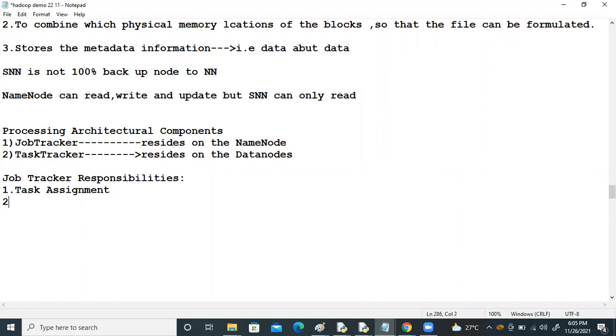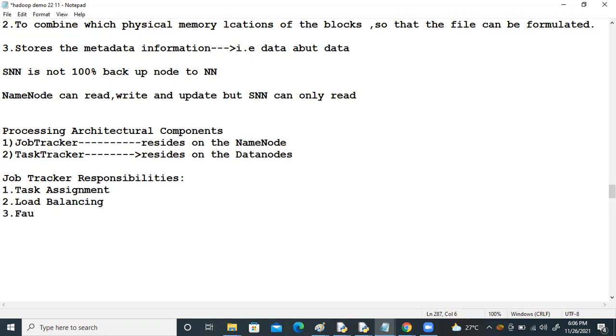Second is load balancing, taken care of by this job tracker only. Load balancing, fault tolerance also.